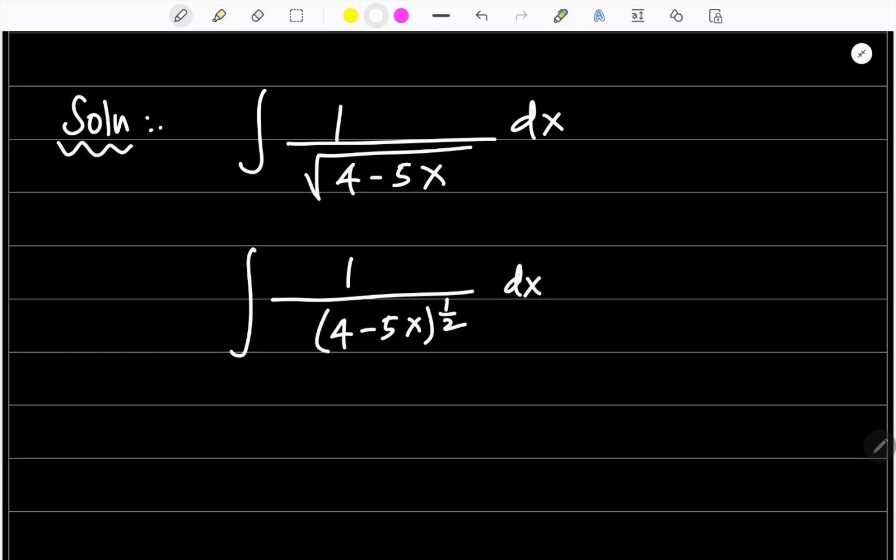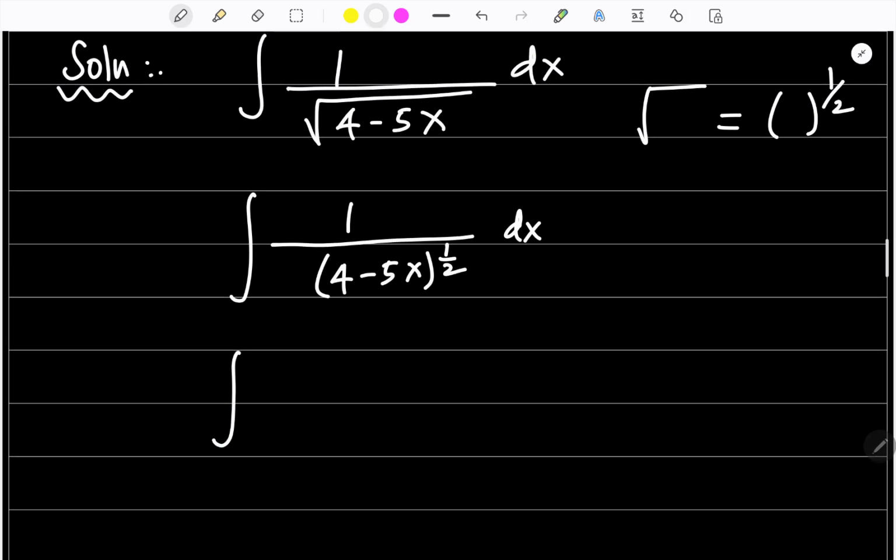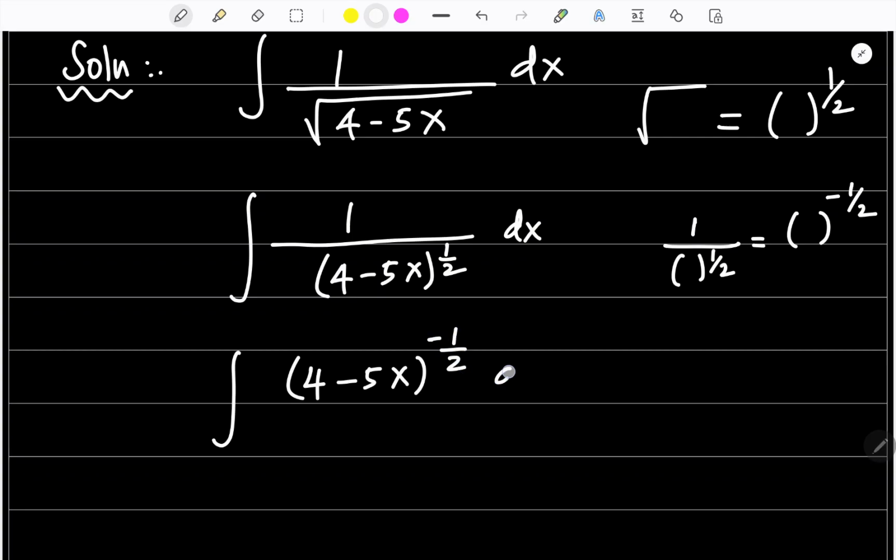Is it okay now? Because square root can be written as to the power of 1 by 2. Okay, right. Now I'm going to take this 1 over 2 to the top. So if it is power 1 by 2, when I take it to the numerator, it will be power minus 1 by 2. So 4 minus 5x to the power of minus 1 over 2 into dx.